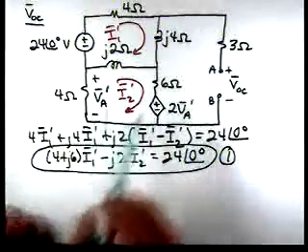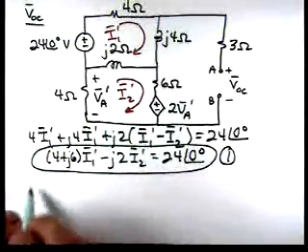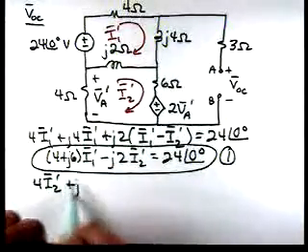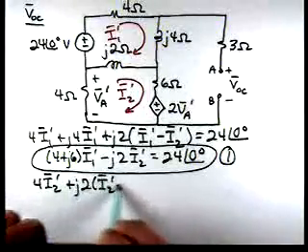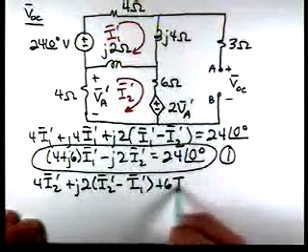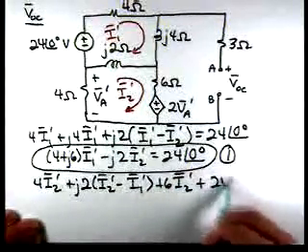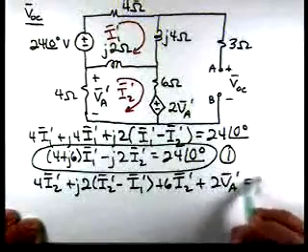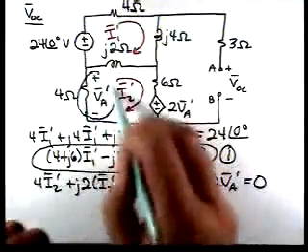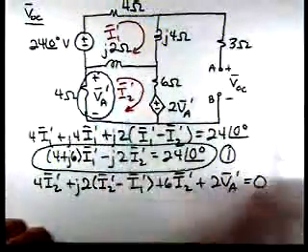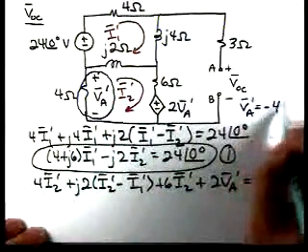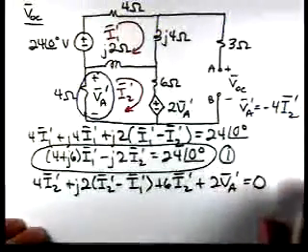Now, let's work on this mesh. We'll have 4 I2 prime, which is a drop across this resistor. We'll have J2 times (I2 prime minus I1 prime) plus 6 I2 prime plus 2 VA prime equal to 0. Now if we look at our circuit, here's our controlling variable VA prime, and if we look at the orientation of voltage and current, VA prime is minus 4 I2 prime.